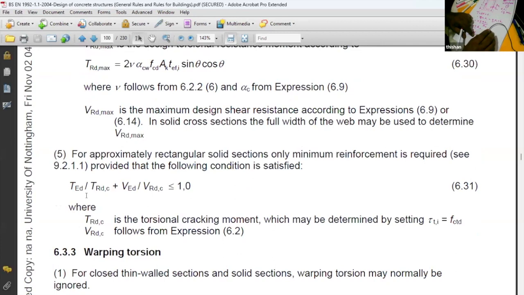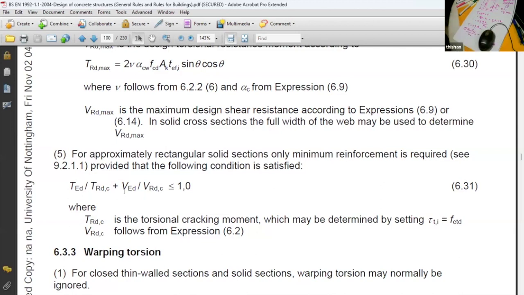And this equation is valid just to see whether torsional reinforcement is needed. I mean, if this equation is satisfied, you don't need any reinforcement. But generally, we don't have any section without shear links. What this basically says is, if the torsion is very small, no need to provide torsional shear reinforcement. Most of the structures, when you analyze three-dimensionally, the torsional moment is close to zero.